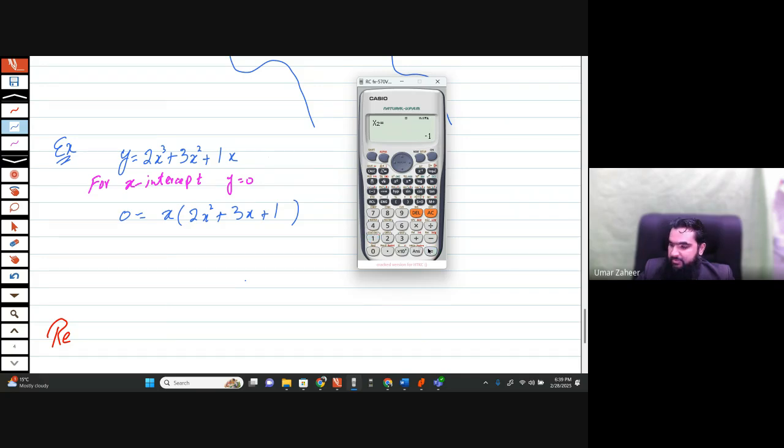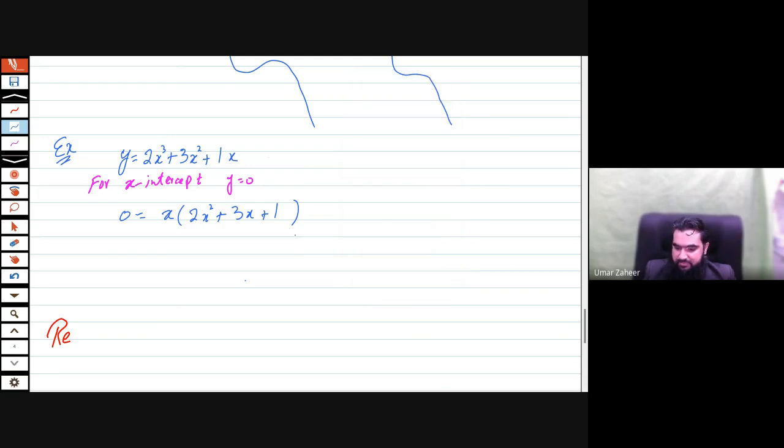So you will get x is equal to 0 because the product of two terms is equal to 0. And one value we get is x is equal to minus 1 and x is equal to minus 1 by 2. Is it clear?